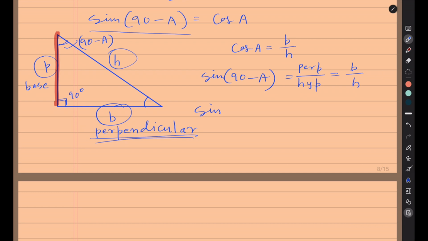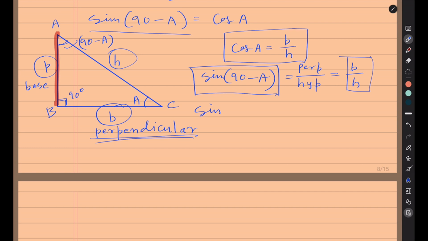So in triangle ABC, we have defined angle A, and we found that cos A is equal to the ratio B by H, and then we also tried to define sine 90 minus A, which also turned out to be the ratio of B by H in this triangle.